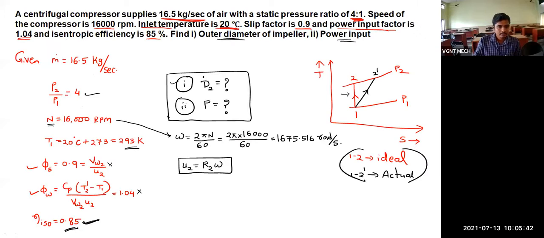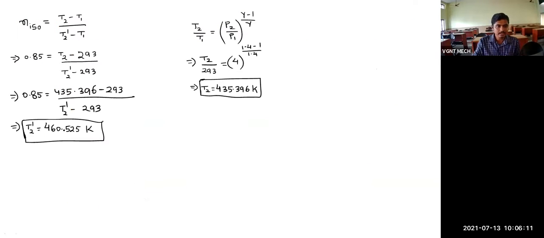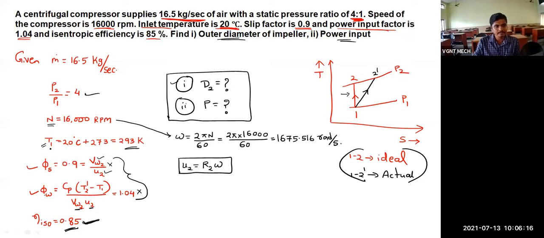Now I got the T2 dash value and the T2 value. So what can I do? I will take these two equations. In this equation, VW2 and U2 are two unknowns. In the second equation also, VW2 and U2, two unknowns are there, because Cp value is 1.005, we know. T2 dash value just now we have calculated, and T1 value is already given.